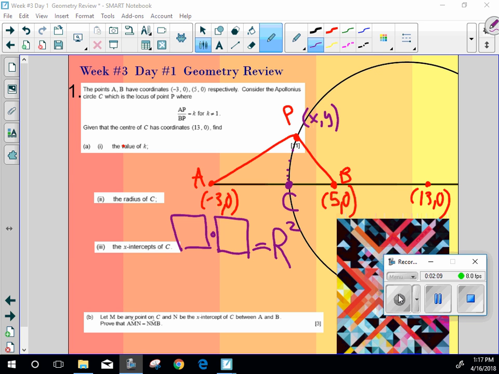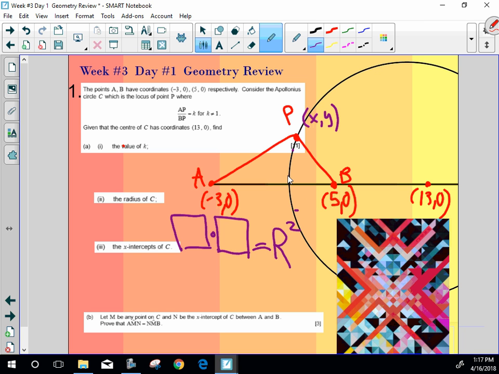Part of Apollonius's theorem is that if you took, I guess we call this thing here C, don't we? So we would say AC times BC is equal to R squared. So that was part of it. AC is going to be 16, and what's BC going to be? 8.